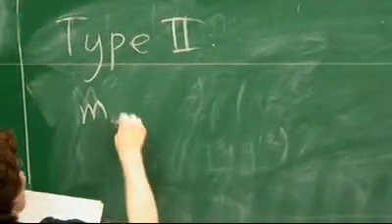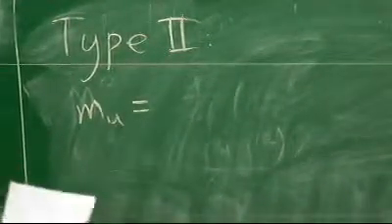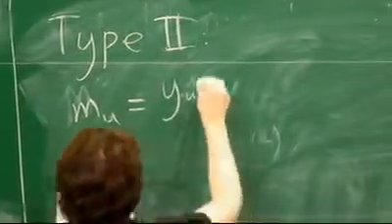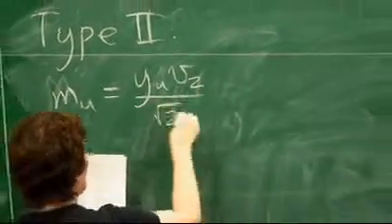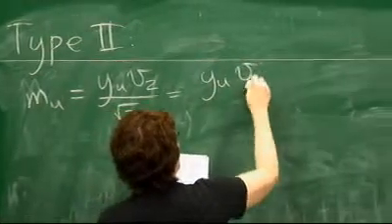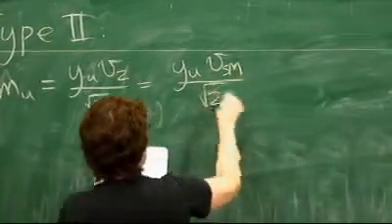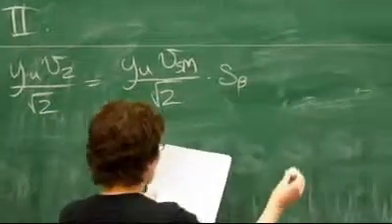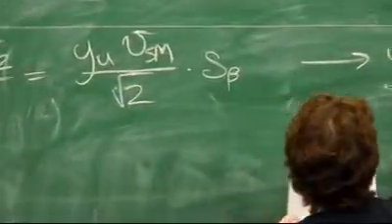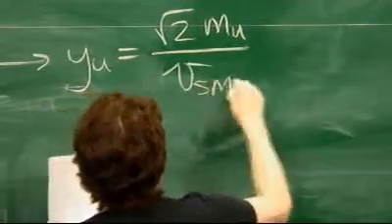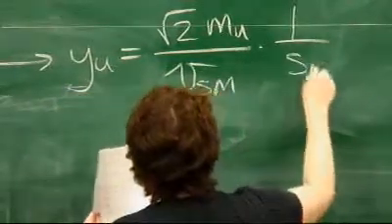The mass of the up-type quarks, so up, charm and top, okay, are coming from their coupling to phi 2, which, if I write it in terms of what you would write for the standard model case, I have to put in a sine beta factor. Which means that YU is related to the up-type quark masses by this 1 over sine beta. Okay?